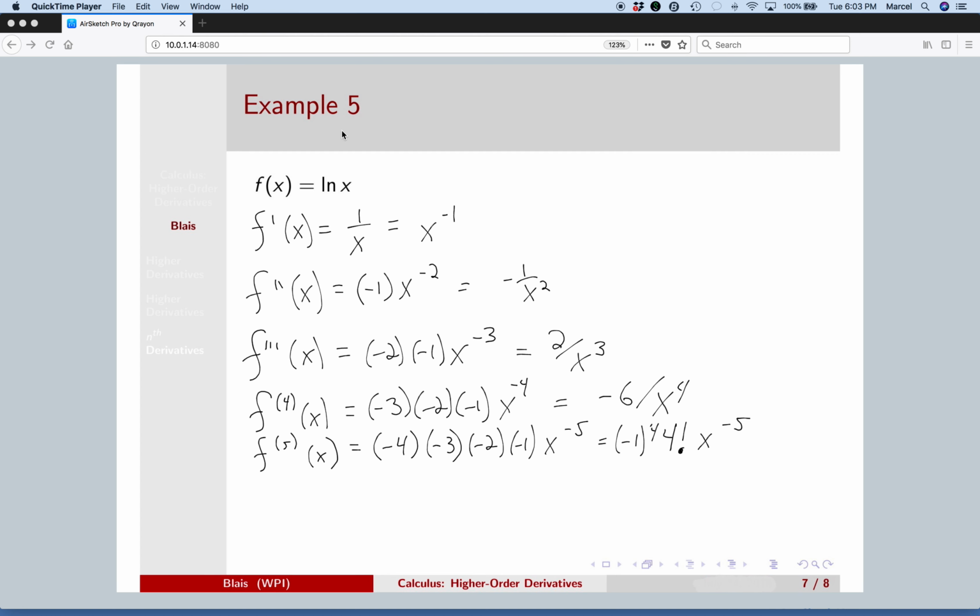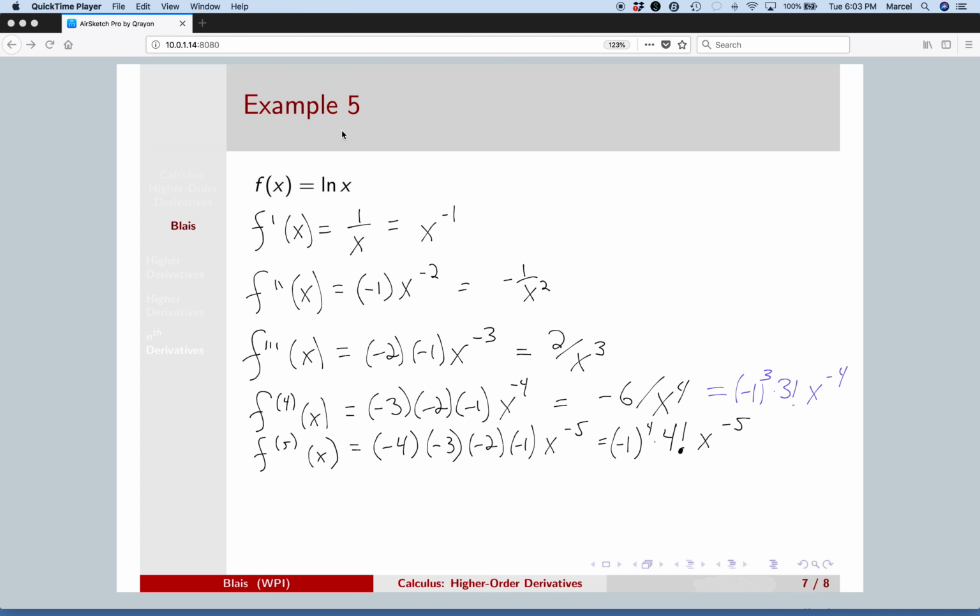So we had minus 1 to the fourth power. If we backtrack and identify the pattern for the fourth derivative above, we had 3 copies of minus 1 and a 3 factorial, times x to the minus 4.